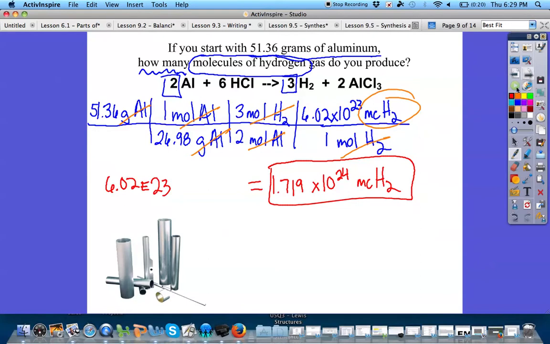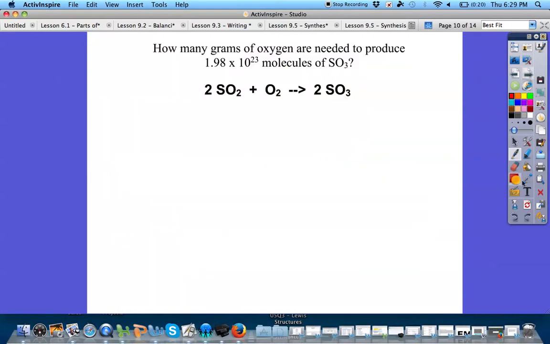Okay, let's take a look at this next one together. We are asked how many grams of oxygen are needed to produce 1.98 times 10 to the 23rd molecules. Look at what you are given and what you want to find. If you answered that 1.98 times 10 to the 23rd molecules of SO3 is what you're given, that is correct.